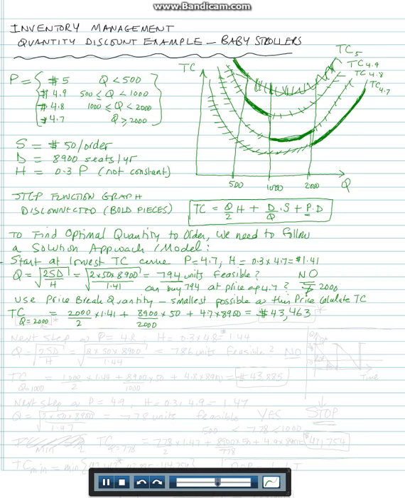Okay, so we continue. We go to the next step at P equals 4.8. So if P is 4.8, H is equal to 0.3 times 4.8, which gives us 1.44.